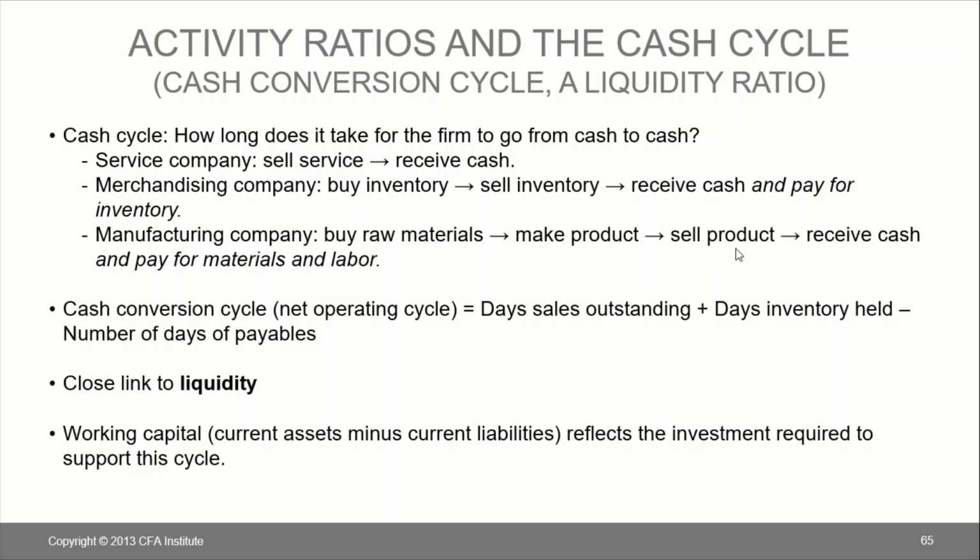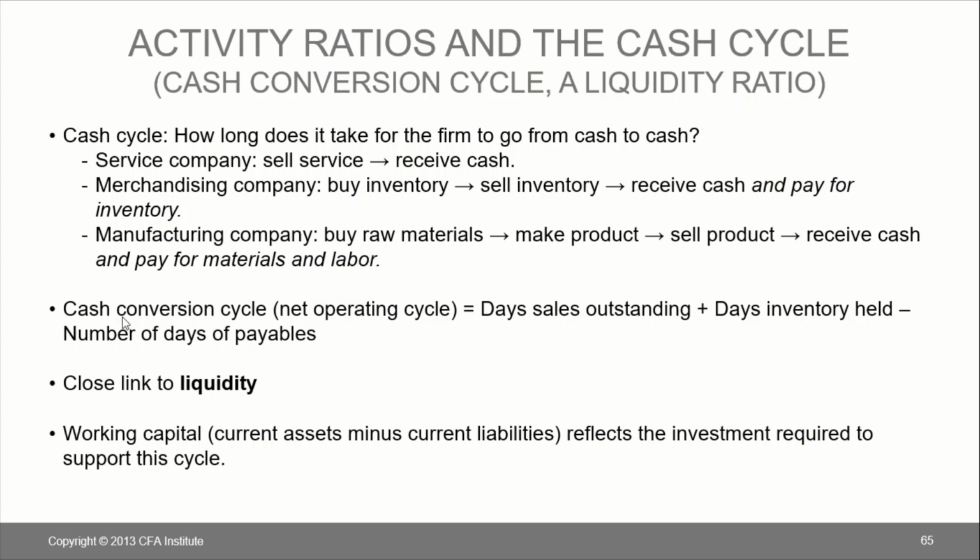You have to sell your product and then in return, you receive your cash and pay for materials and labor. So as you can see, it takes longer for a manufacturing company to convert back its cash into cash as compared to merchandising and service. So basically, pag cash cycle, we are just looking for the number of days.